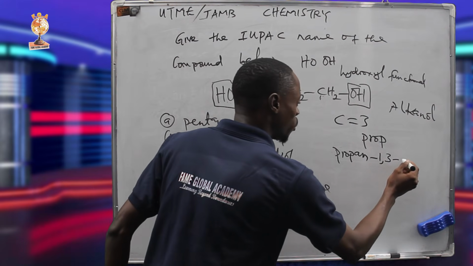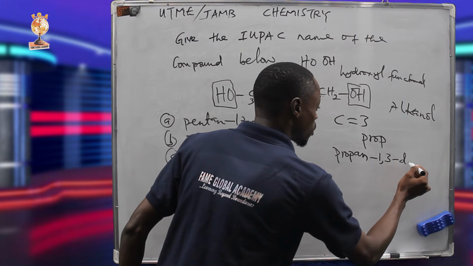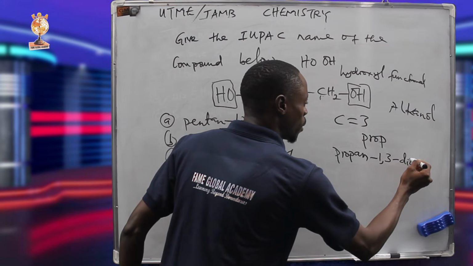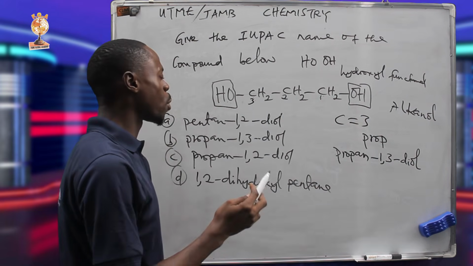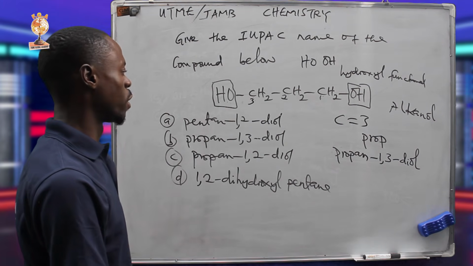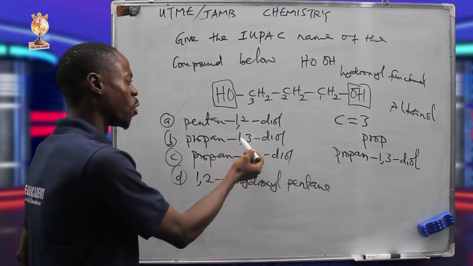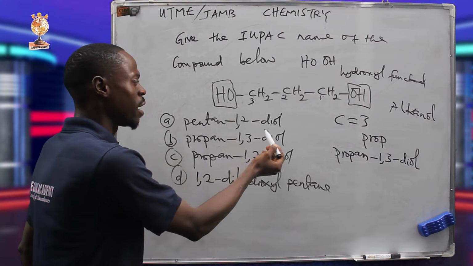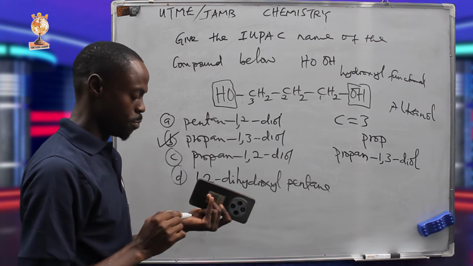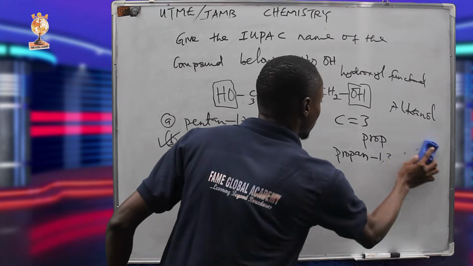You now make use of the prefix di, and of course, you apply the functional group name, ol. So the correct name of this structure above is propan-1,3-diol. So the correct option here is option B. I hope you got that.